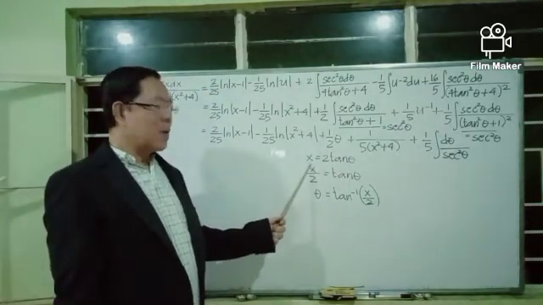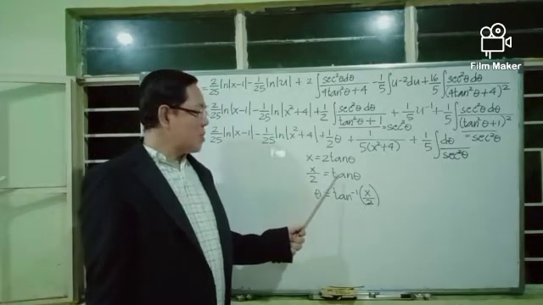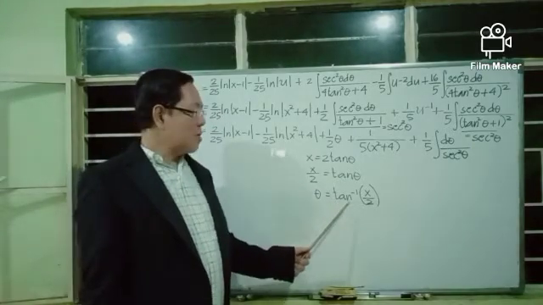Divide both sides by 2. x divided by 2 is x over 2. 2 tangent theta divided by 2 is tangent theta. Therefore, theta is the arctangent or inverse tangent of x over 2.